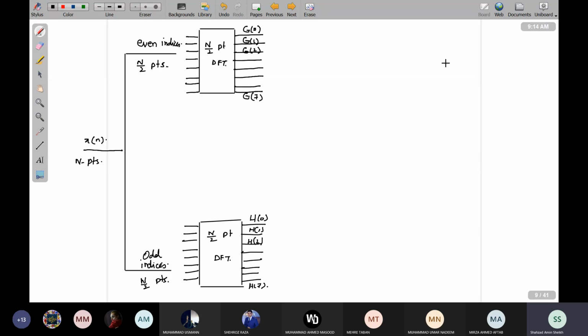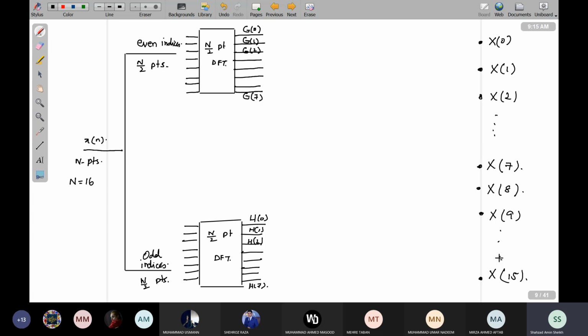So the points I'm interested in, because it's an n point and n is equal to 16 here, I'm interested in getting the 16 point DFT, which is x of 0, x of 1, x of 2, x of 7, x of 8, x of 9, and x of 15.